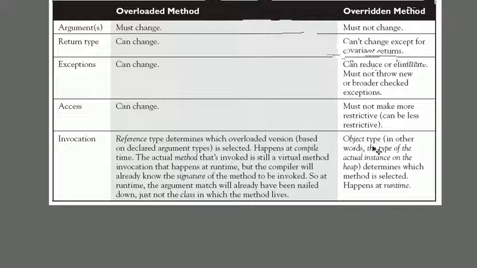In overridden methods, the type of the actual instance on the heap determines which method is selected, and it happens at runtime. So in overloading, the compiler locks the signature of the method to be invoked; in overriding, it decides which instance to invoke the same-signature method on.